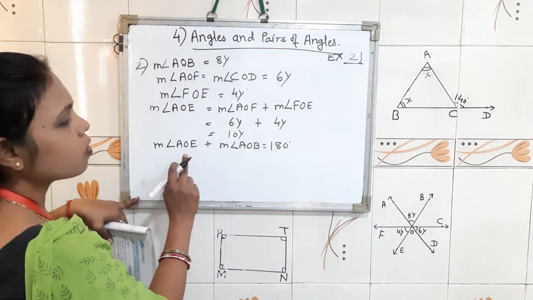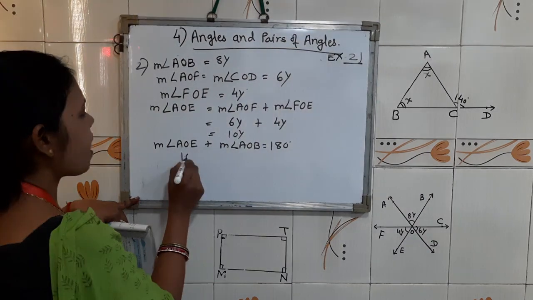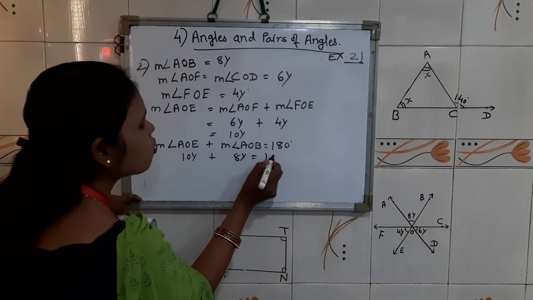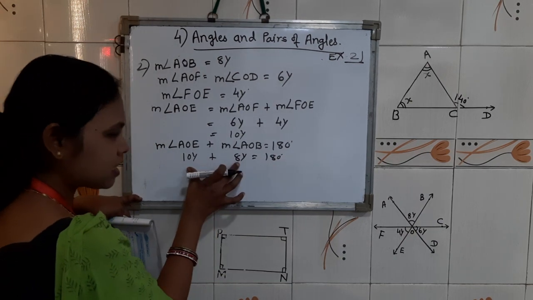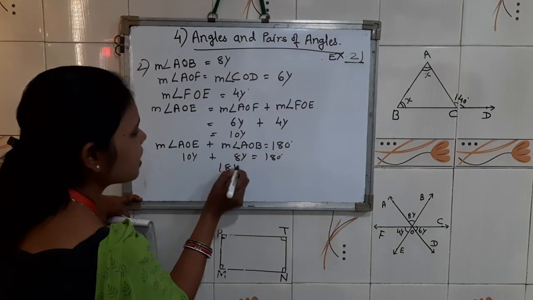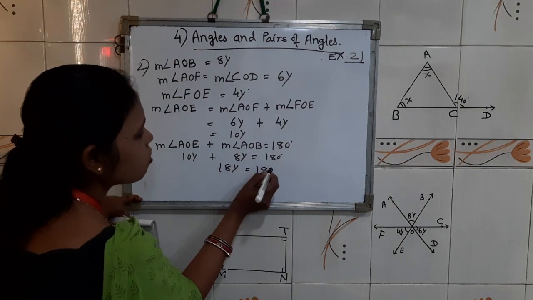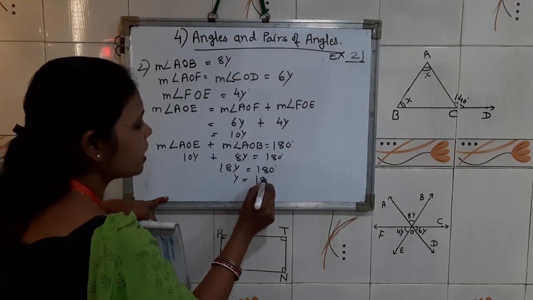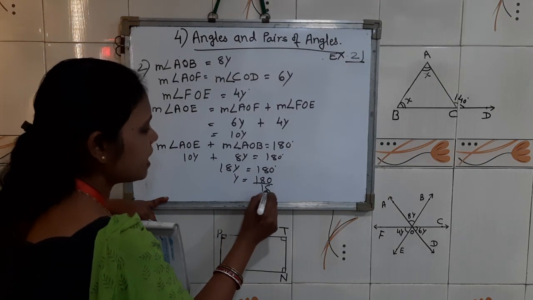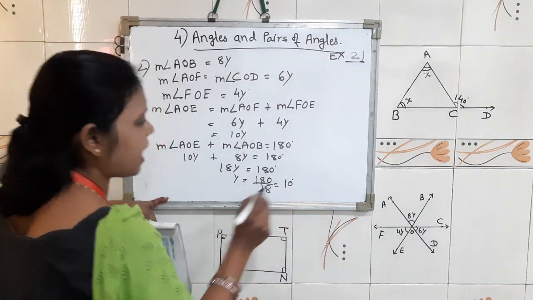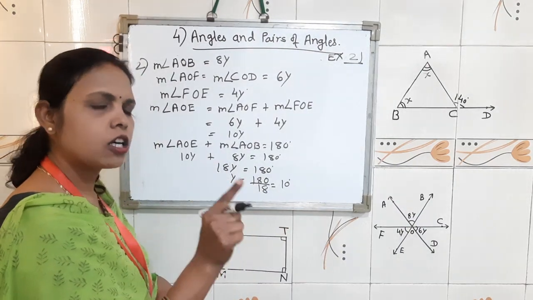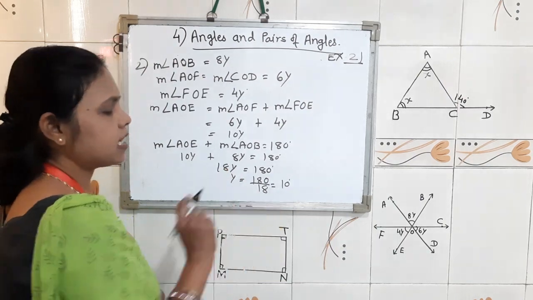Therefore, AOE 10y plus 8y equal to 180. Addition of both these numbers, you will get 18y equal to 180. y equal to 180 divided by 18. Answer is 10. So children, here you got the value of y, 10 degree.